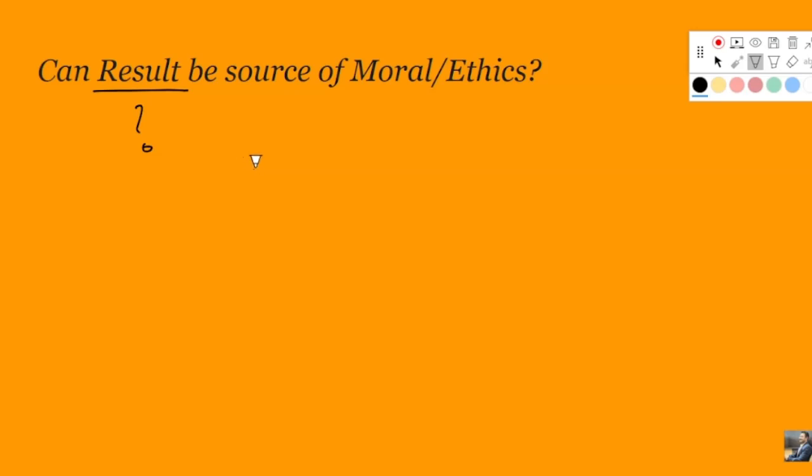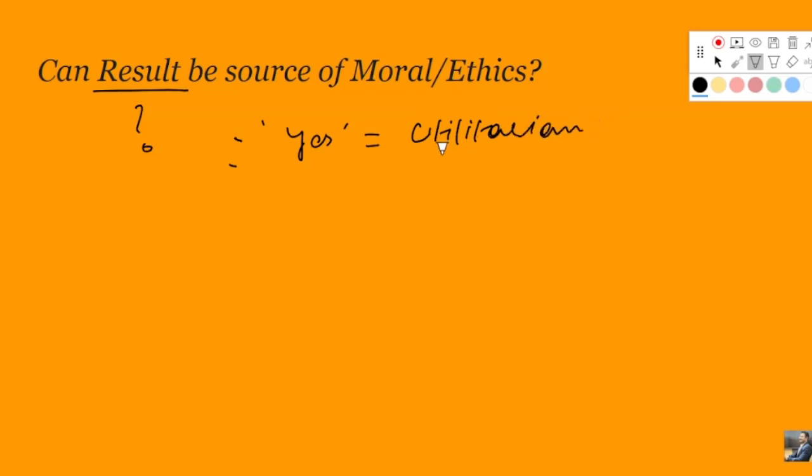So the question here is, can result be a source of moral or ethics, right? One school will always say yes. The school is none other than the utilitarian ethical school.